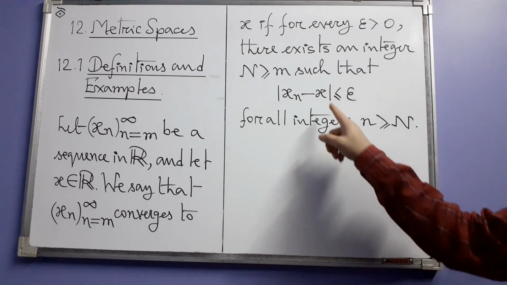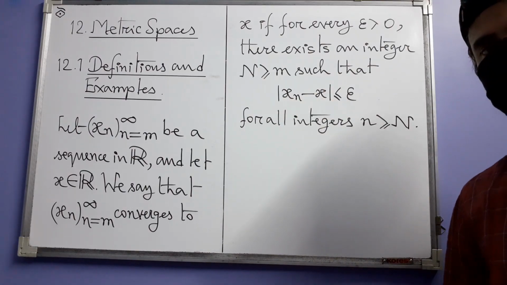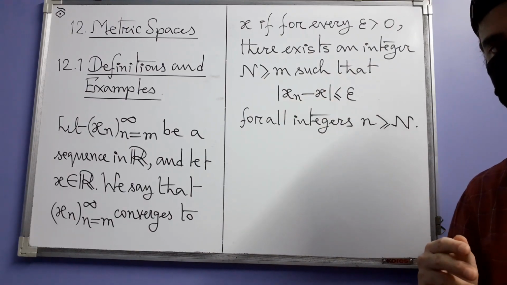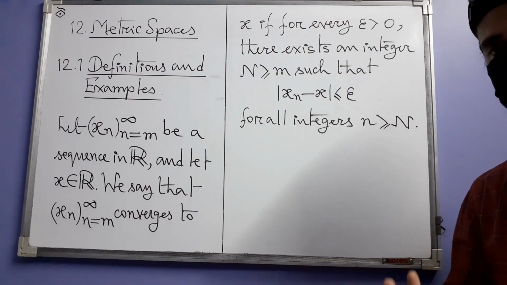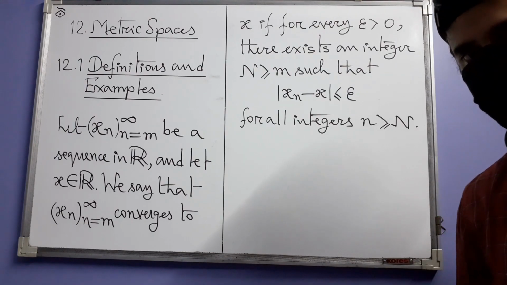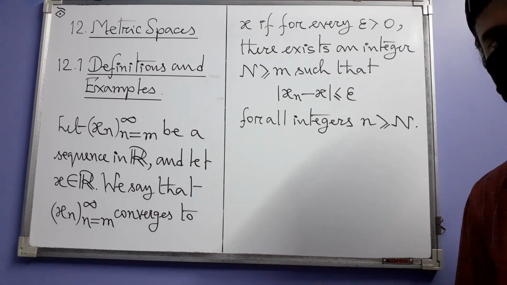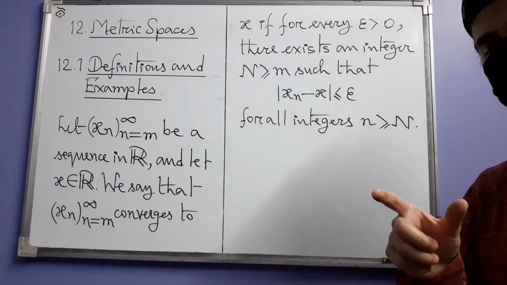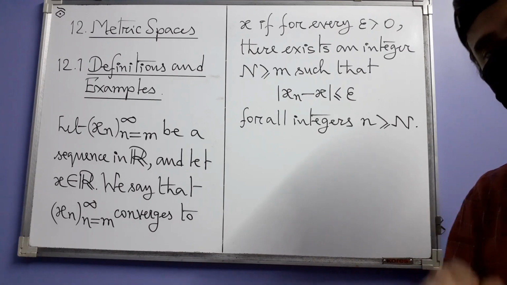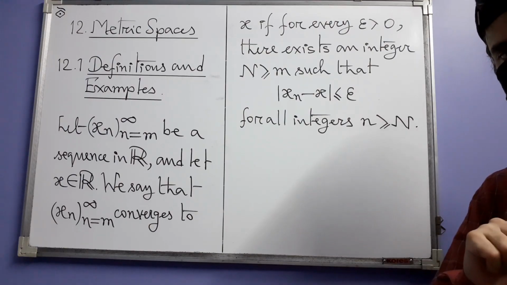Right now the point is this. You may remember that when we were studying the system of real numbers itself, when we were constructing that system, we defined the distance between two real numbers. In fact, we first did it for rational numbers and then only we constructed the system of real numbers.